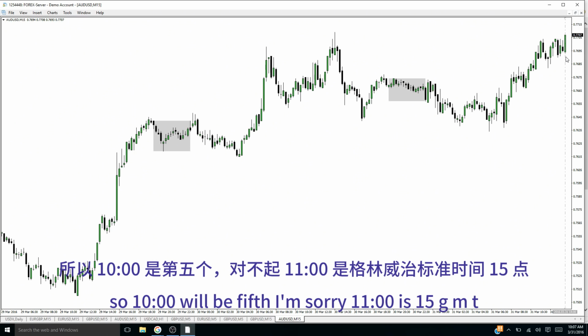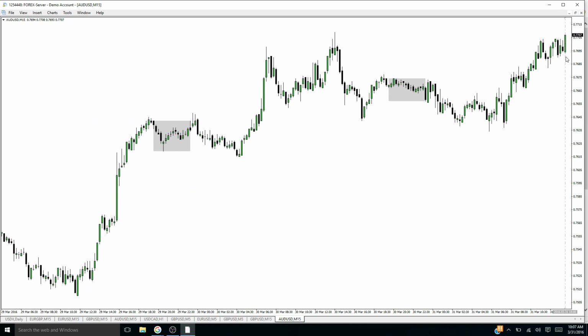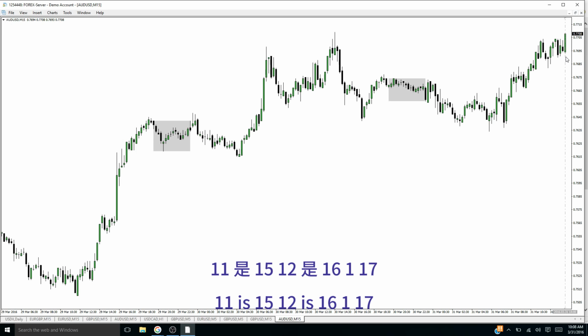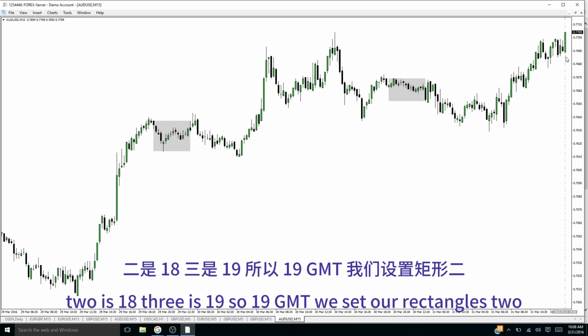So 11 is 15, 12 is 16, 1 is 17, 2 is 18, 3 is 19. So 19 GMT is where we set our rectangles.